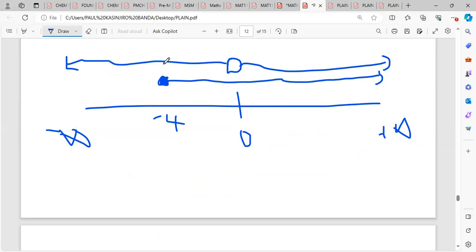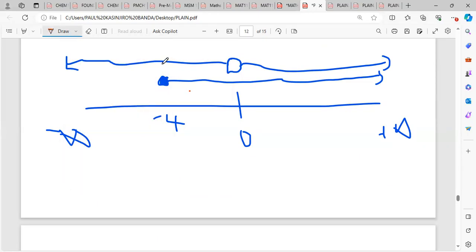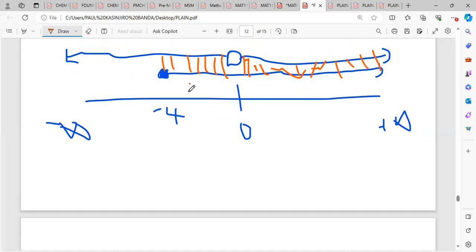So we can see that it starts here. Let me change the color. It starts from here, overlapping, overlapping, overlapping. Then on 0, the 0 is there in the line below, but it's not there in the line above. So we jump the 0, and then continue shading again. So the intersection starts from minus 4 all the way up to 0 without including the 0.